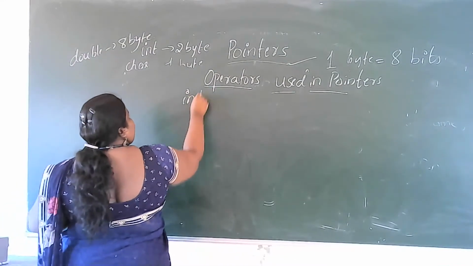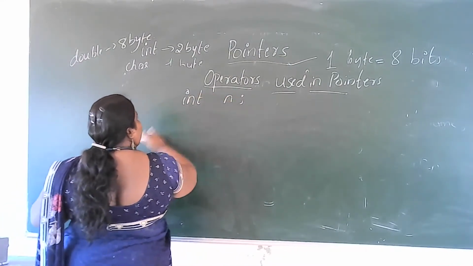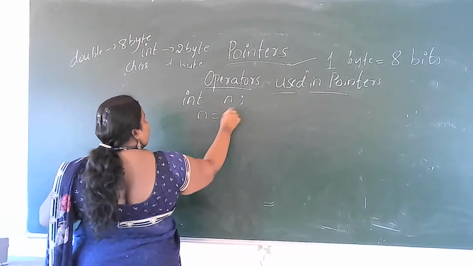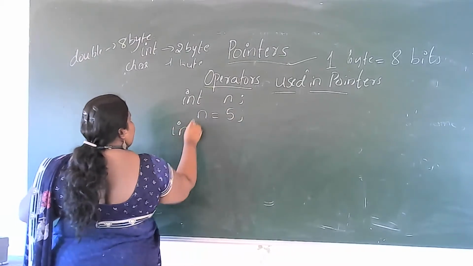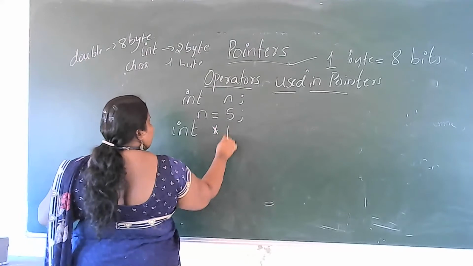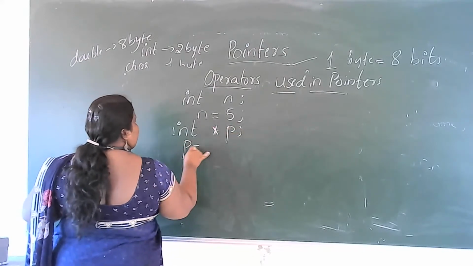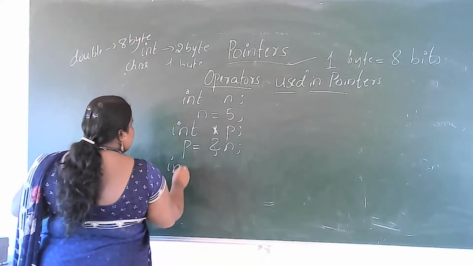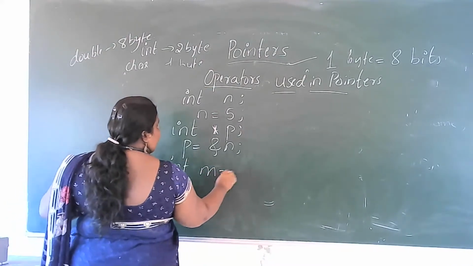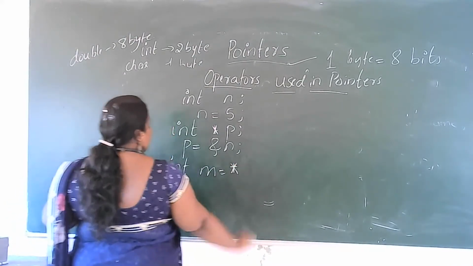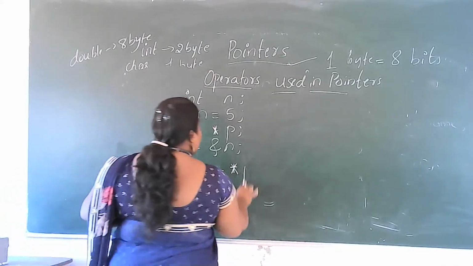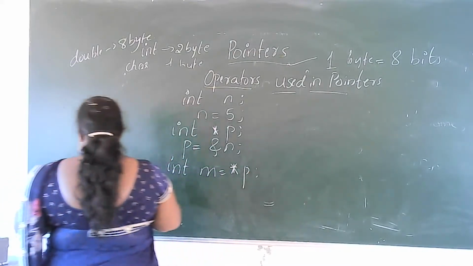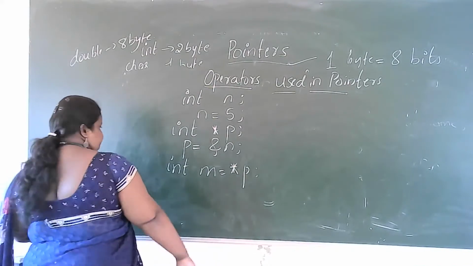For example, int n, n equal to 5. Next you have int star p, that is p equal to ampersand of n. Next int m equal to star p.